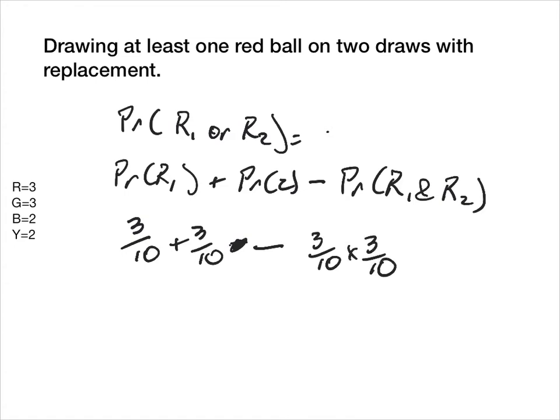Okay, which is, this is 6 over 10. And then we subtract that 9 over 100. And we have to make these denominators equal, so that's 60 over 100 minus 9 over 100 equals 51 over 100.